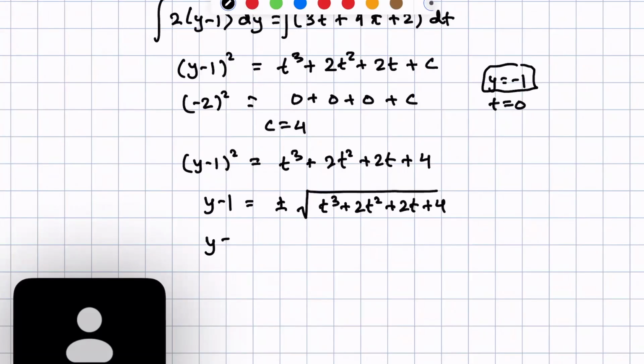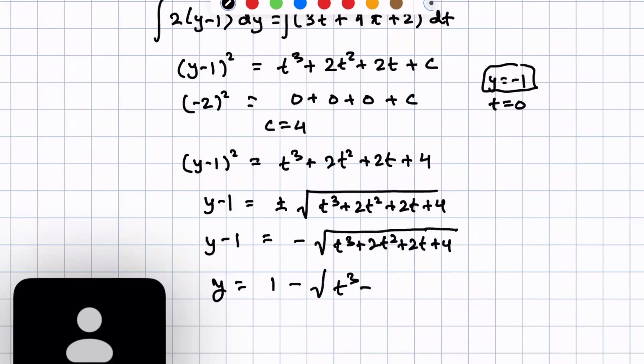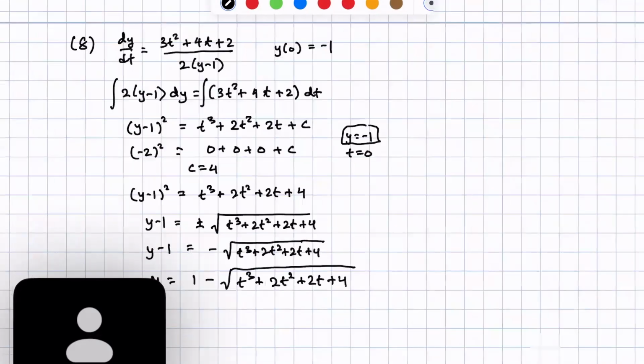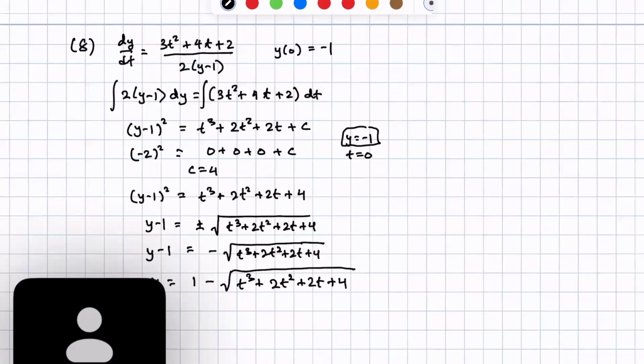So my y minus 1 is equal to negative the square root of t cubed plus 2t squared plus 2t plus 4. And finally, I'm going to bring the 1 over. y is 1 minus the square root of t cubed plus 2t squared plus 2t plus 4. And that is the solution for this initial value problem.